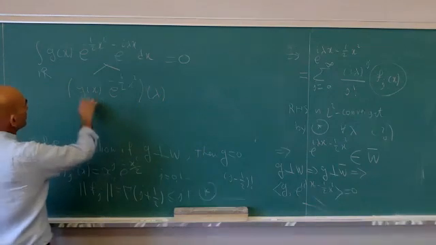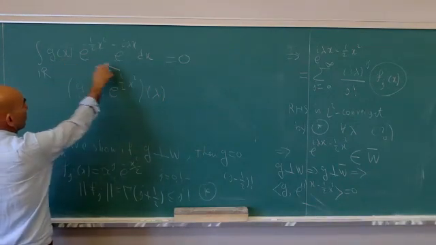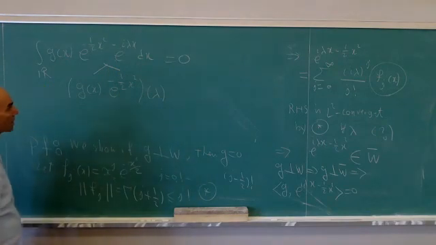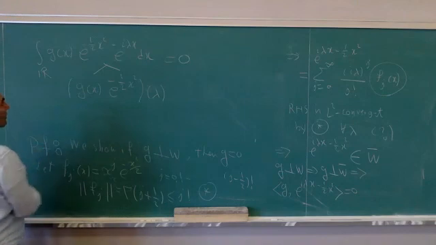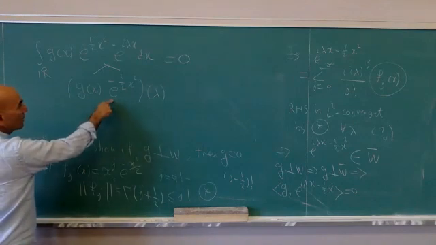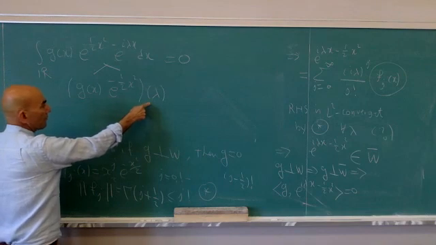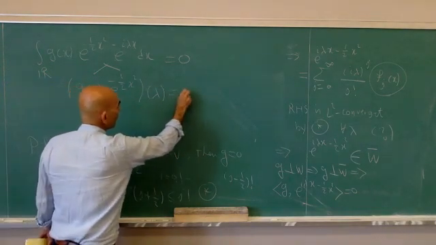When you take the Fourier integral, you take the function, multiply by e to the minus i lambda x, and integrate. So what did we discover? We discovered that this function g, whatever it is, when multiplied by e to the minus 1/2 x squared, has a Fourier integral that is 0 for all lambda.